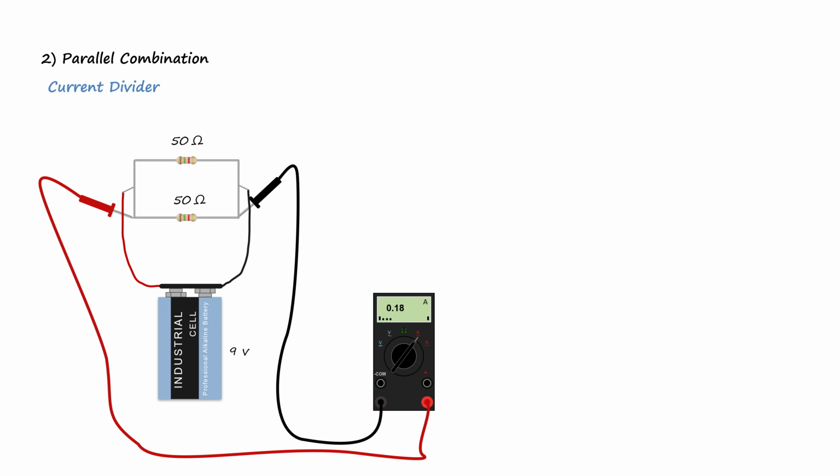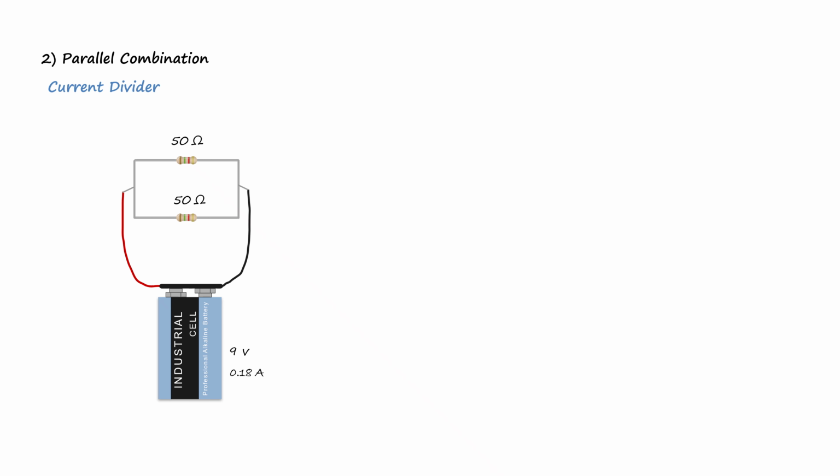This means if we add 0.18 ampere plus 0.18 amperes, we get our total current that is divided, right? Which is 0.36 amperes.